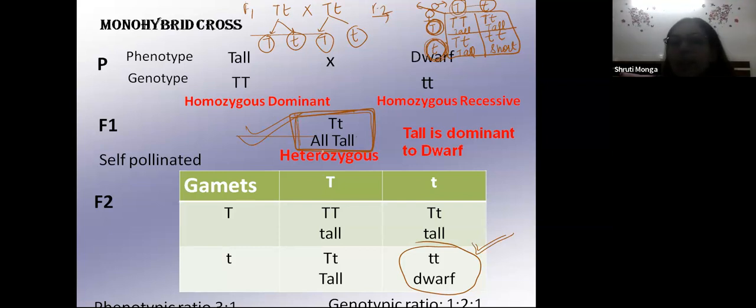That means in the F1 generation, this trait for short height was hidden. That is why it is recessive, because it was not able to express itself.